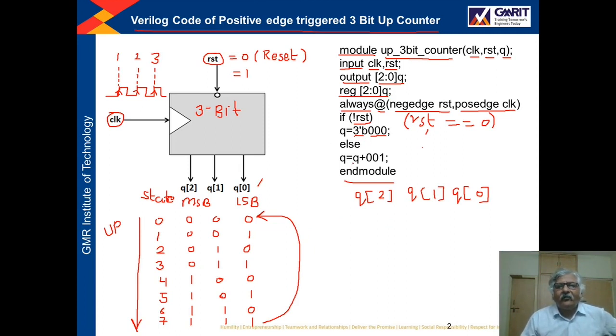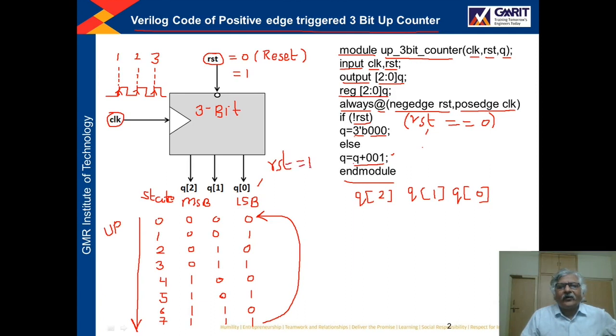And now in the else condition we have written the statement Q plus 3'b001. So whatever is the value of Q, 0 0 1 will be added to it, and the result will be assigned to Q. So let us see with an example.